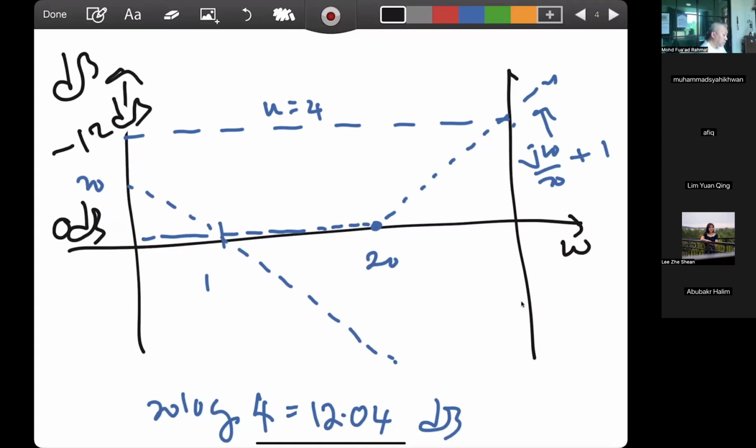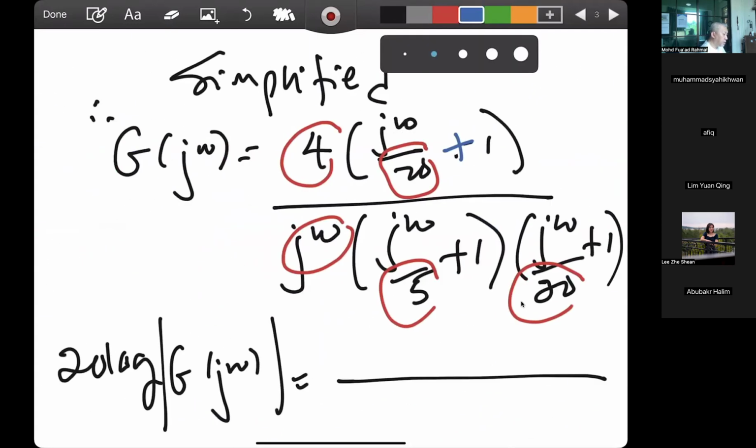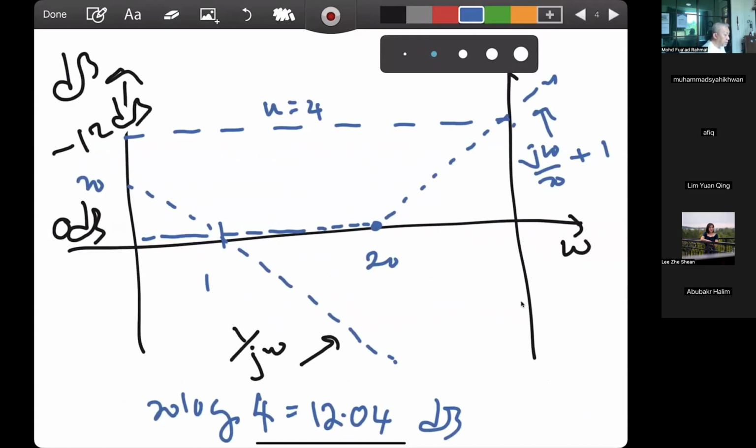And then this one is for the poles at the origin. And 5. So this is 5.